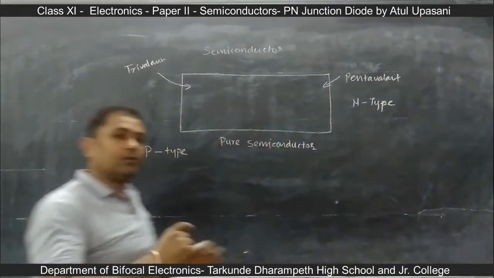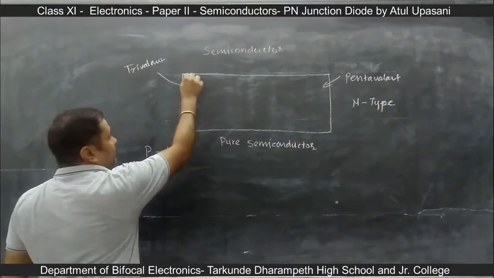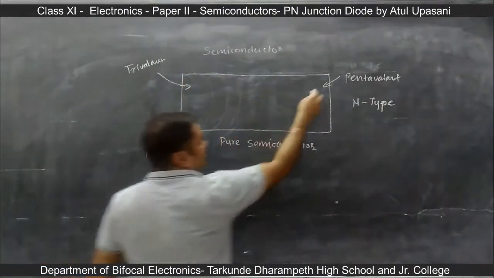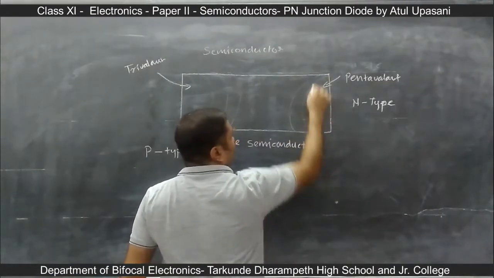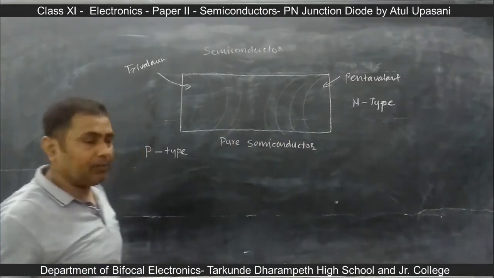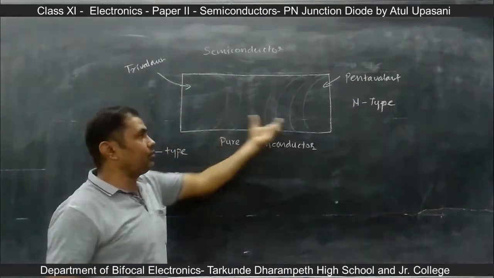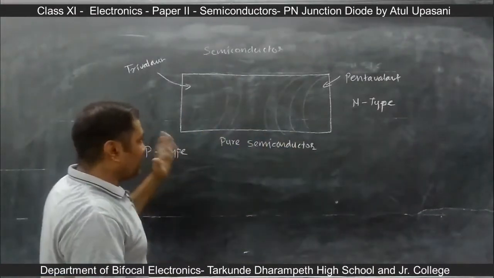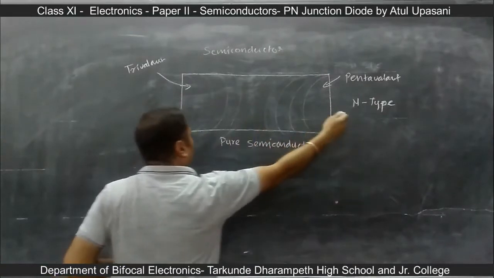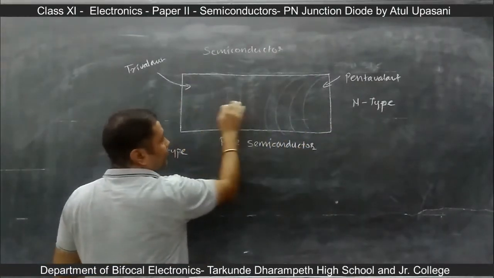And suppose this process is continued, what is happening? This will start converting into p-type material like this, and this will start converting into n-type material. So the addition of all the pentavalent impurity and all the trivalent impurity is converting these regions into p-type and n-type. At some point, the pentavalent impurity converts from right to left, and the trivalent impurity converts to p-type from left to right.